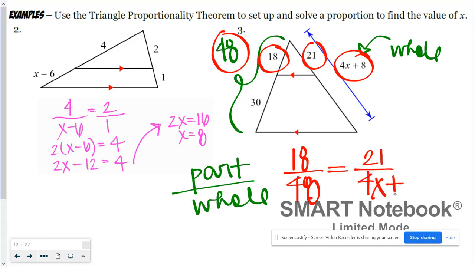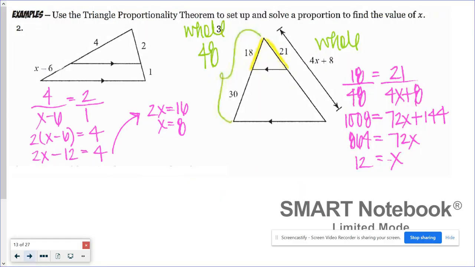So I can do that in number 3, or I can figure out what the bottom right side is and do the top over bottom ratio. But I think part over whole is easier. I end up getting x is 12.